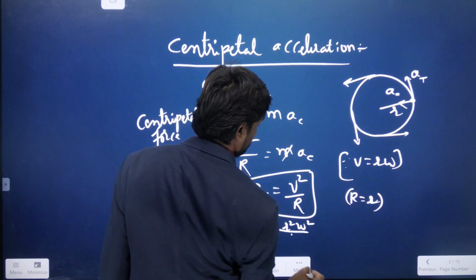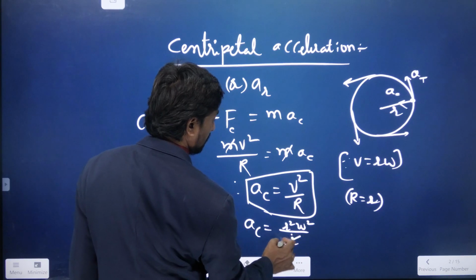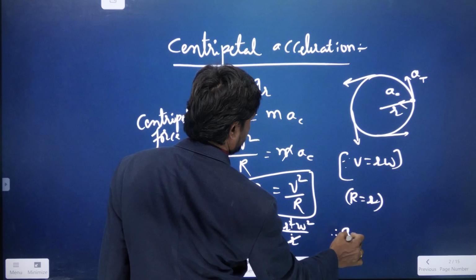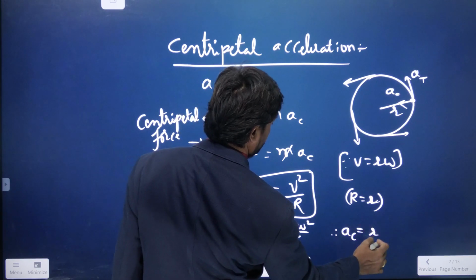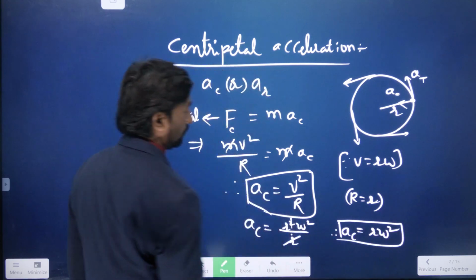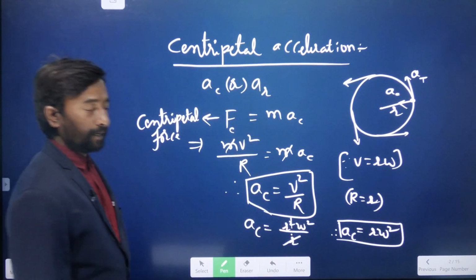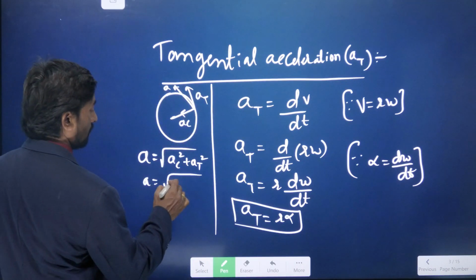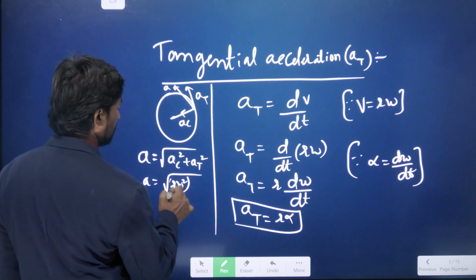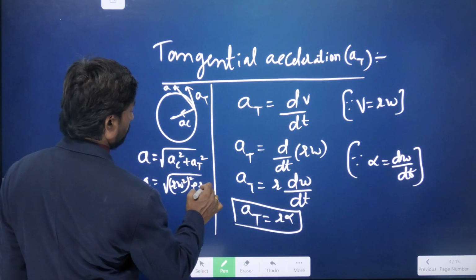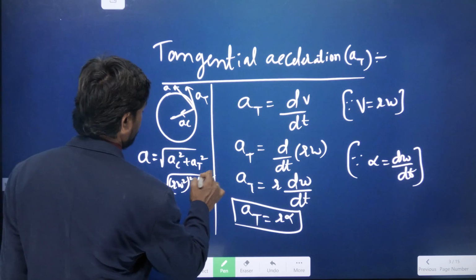So the r and r cancel, and therefore the centripetal acceleration formula is also r into omega square. Now we write this formula in this equation: r into omega square whole square plus r into alpha whole square.